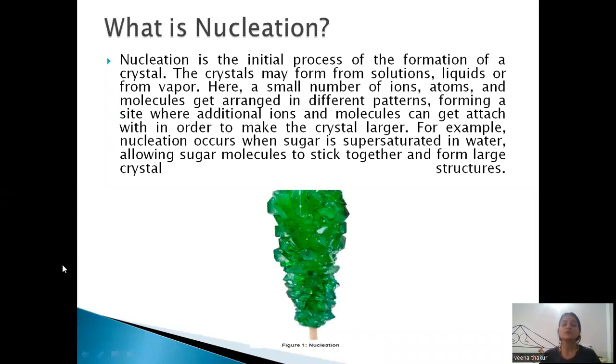Now, how do we define nucleation? Nucleation is the initial process of the formation of a crystal. The crystals may form from solutions like liquids or from vapor. Here, a small number of ions, atoms, and molecules get arranged in different patterns, forming a site where additional ions and molecules can get attached in order to make the crystal larger.